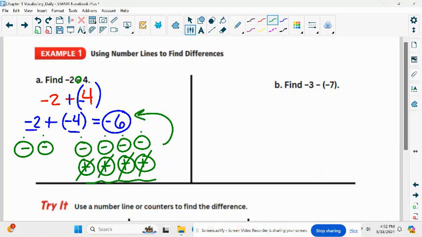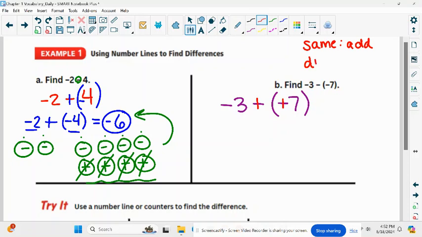Alright, hold on with me. I promise it gets better, I promise. So we have negative 3 minus negative 7. We're going to change to addition, change the sign of the second term. Now we're going to follow our rules. Remember, our rules are if they are the same sign, we add.